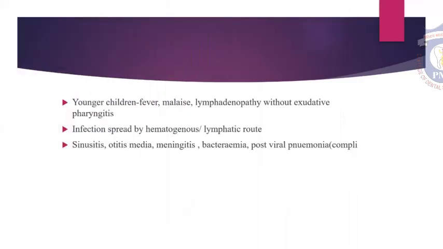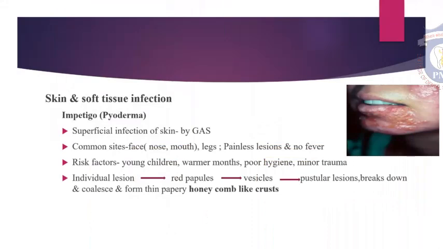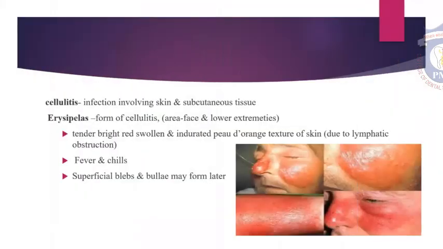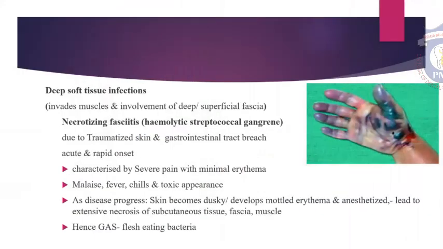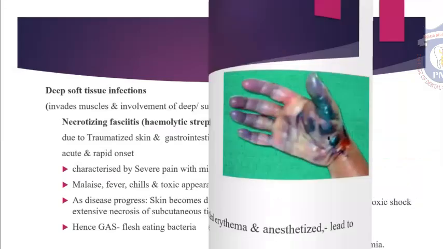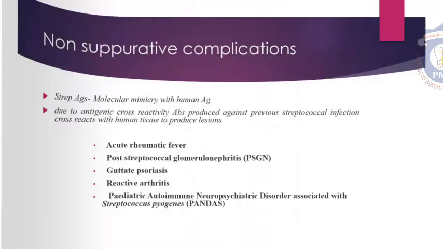Under skin and soft tissue infection, the first is impetigo, second is cellulitis, and third is erysipelas. Next comes deep soft tissue infection, in which there is necrotizing fasciitis, otherwise called hemolytic streptococcal gangrene. Next are toxic shock syndrome, bacteremia, and puerperal sepsis. This is all about suppurative complications of group A Streptococcus.